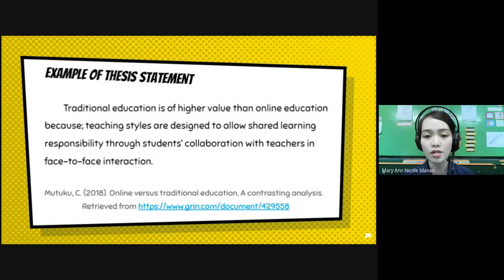The claim and the explanation were joined by the conjunction because. Because teaching styles are designed to allow shared learning responsibility through students' collaboration with teachers in face-to-face interaction. So that is how she explained her claim. That is her evidence towards her claim. And that's how you do a thesis statement.